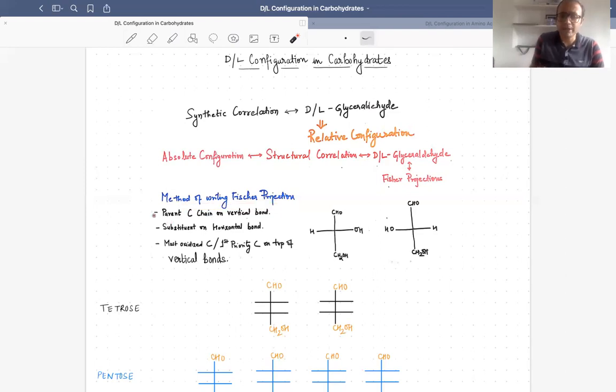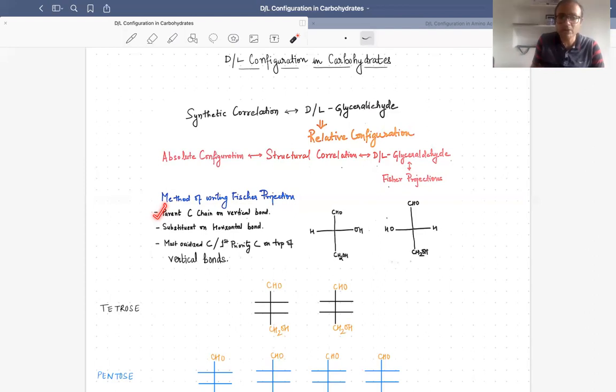The first important point is that the parent carbon chain is drawn on the vertical bond. As you know, the Fischer projection has horizontal bonds and vertical bonds. On the vertical bond, we draw the parent carbon chain.